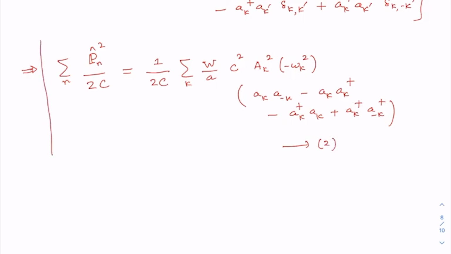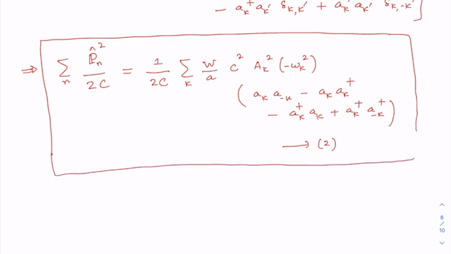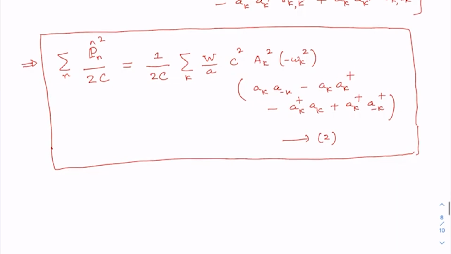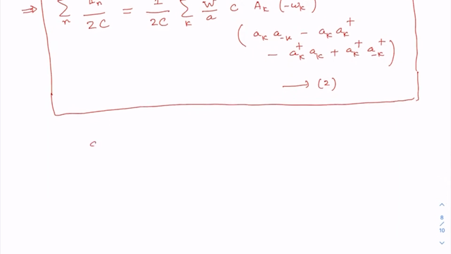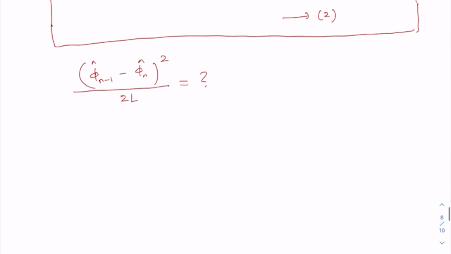So I actually worked out, expanded, the first term in our Hamiltonian. Let me now look at the second term. That means we have to now find out phi n minus 1 minus phi n whole square divided by 2l. So what is this? Let us work it out.